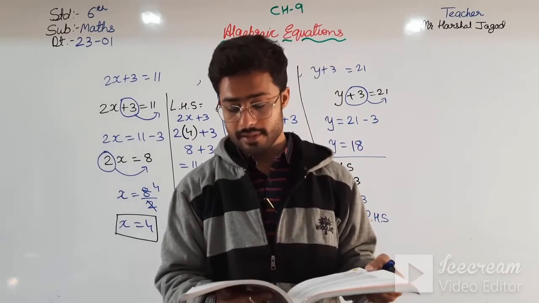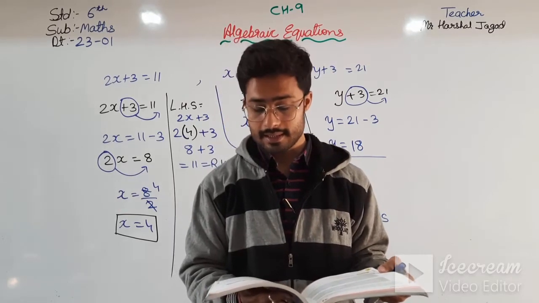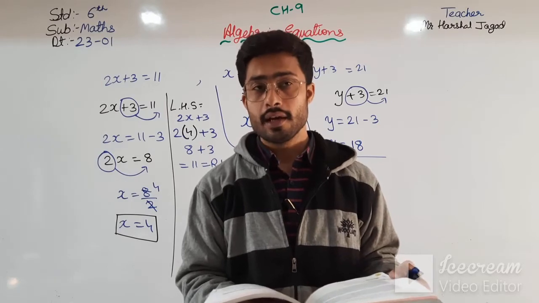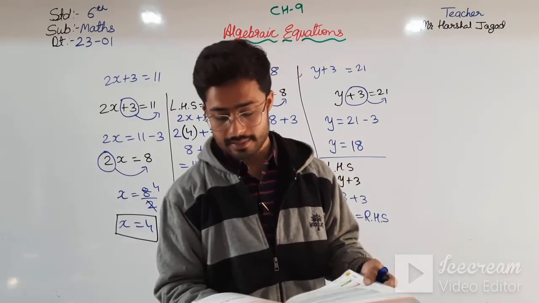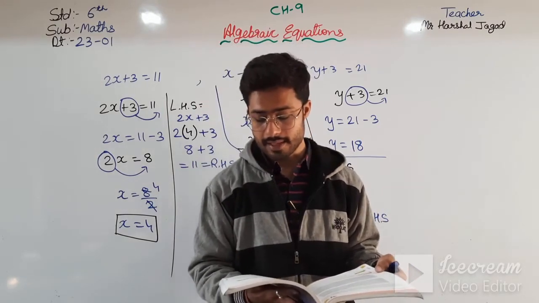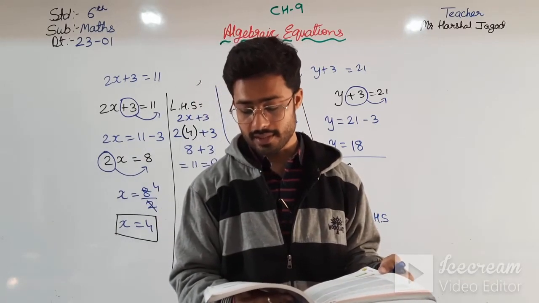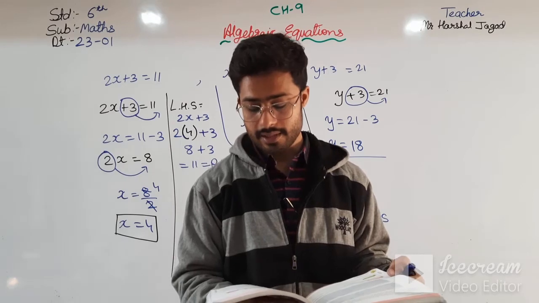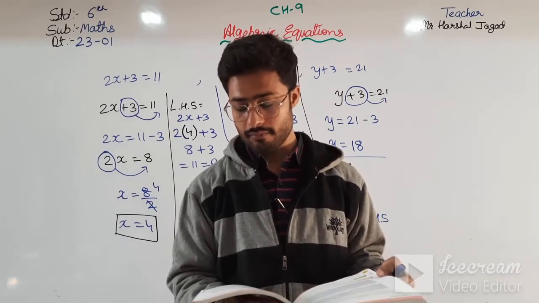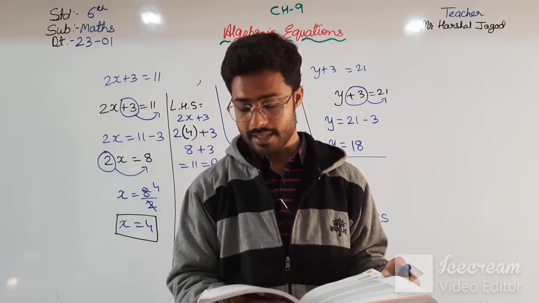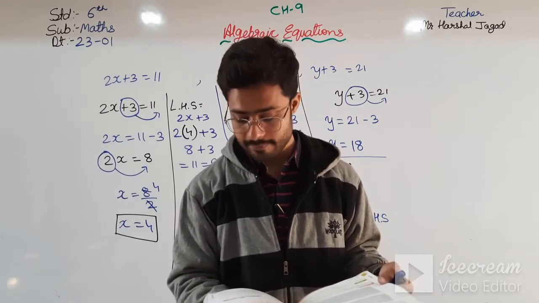Some rules are there. In order to maintain the balance, we need to remember the following rules. First, if any mass is added to one side of the balance, a corresponding mass should also be added to the other side. Second, if any mass is taken away from one side of the balance, a corresponding mass should also be taken away from the other side.